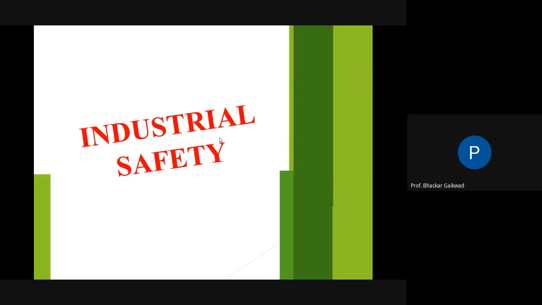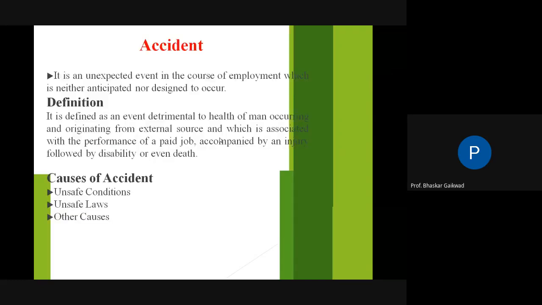So in the next part, that is industrial safety. Up till now we have covered ergonomics. What is ergonomics? Why is there a need for ergonomics, and how can we design equipment or machinery or any other things using ergonomics?